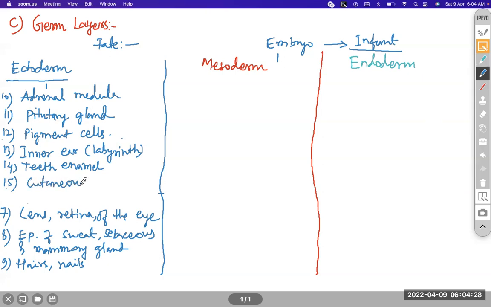Cutaneous sense organs. All these structures are derived from ectoderm.